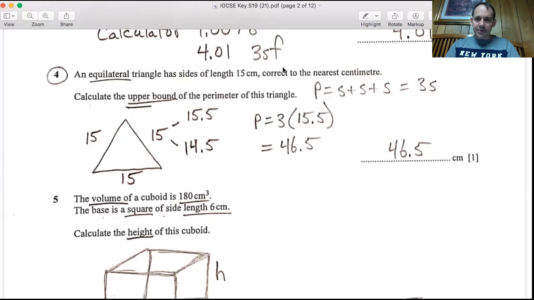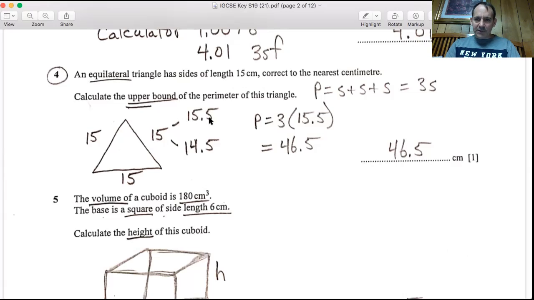So in the first layer, because it's correct to the nearest centimeter, then we're going to take a ½ centimeter above and below. And so anything from 14.5 will round up to 15, and then all the way up to, but not including, the 15.5 will round down to 15. We still put 0.5.